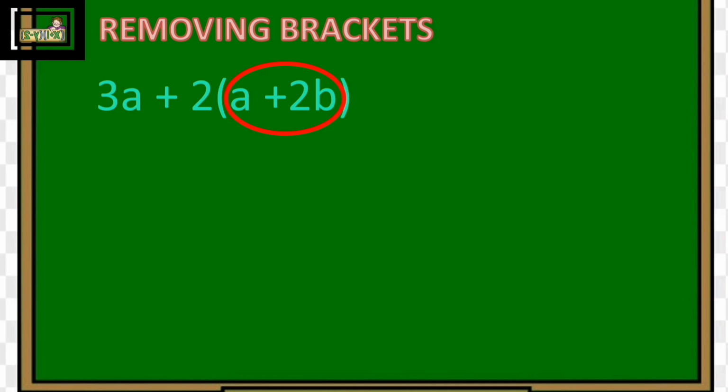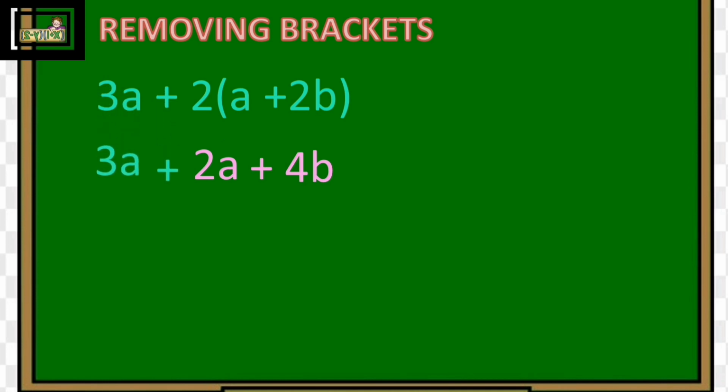Yes, a plus 2b. And what's the term outside the brackets? 2. So we'll use 2 to multiply a and then to multiply 2b. 2 times a is equal to 2a, and 2 times 2b is equal to 4b.